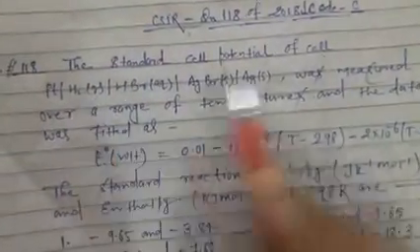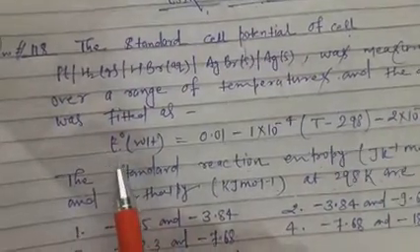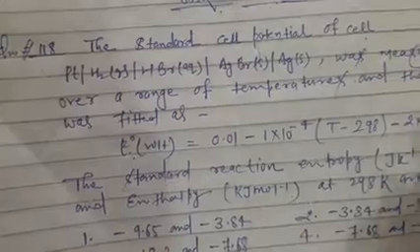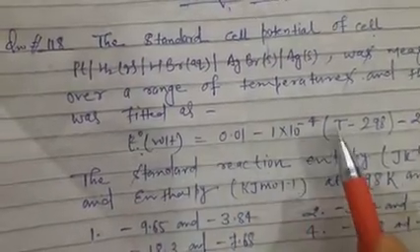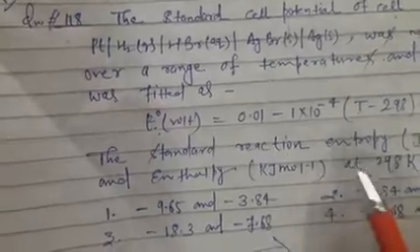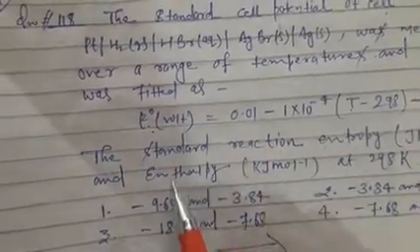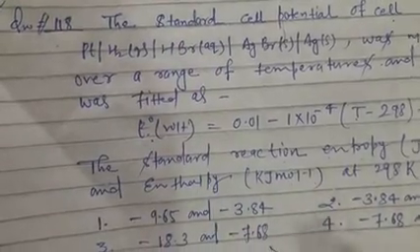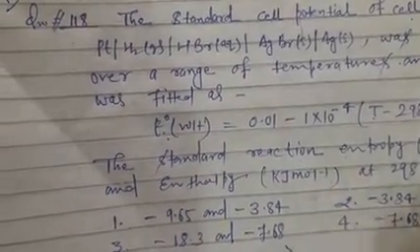This is the CSIR question. Here, expression of standard potential is given in terms of the variable quantity temperature, and now I have to calculate the entropy and enthalpy for the reaction in these units.